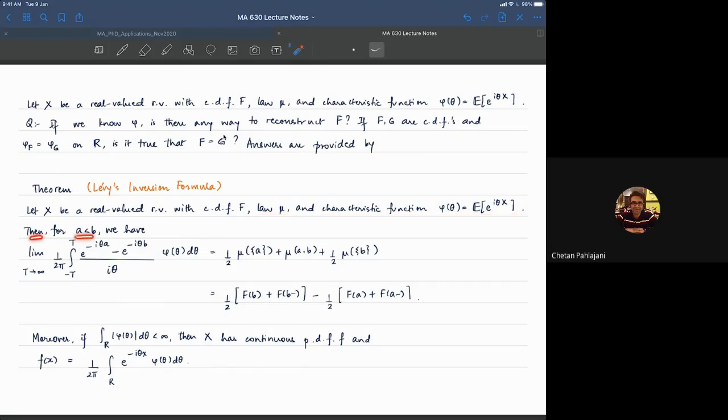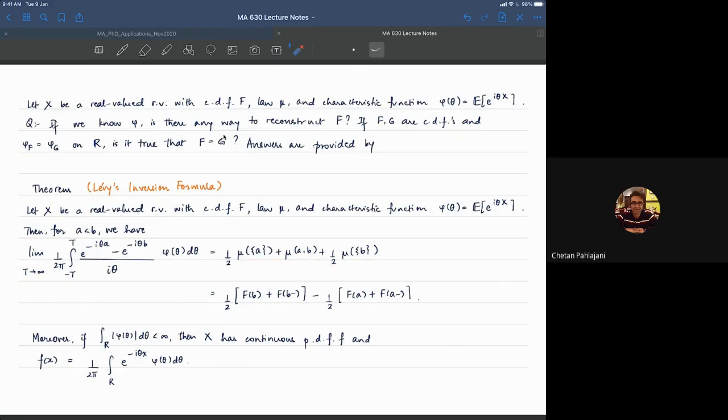Then for a less than b, the limit as t goes to infinity of 1 over 2 pi times the integral from minus t to t of (e to the minus I theta a minus e to the minus I theta b) over I theta, times phi theta d theta, is 1/2 mu of the singleton a plus mu of the open interval (a,b) plus 1/2 mu of the singleton b.